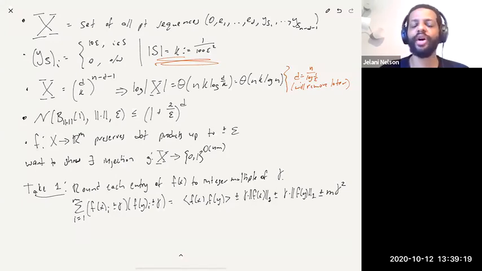So we had one argument via packing, a volumetric argument, that showed that if you take the unit ball of any norm, okay, and try to find an epsilon net of that unit ball under the same norm, then the number of net points you need is at most roughly 1 over epsilon to the d, O of 1 over epsilon to the d, where d is the dimension.